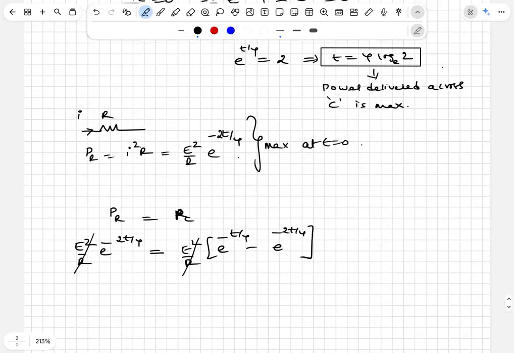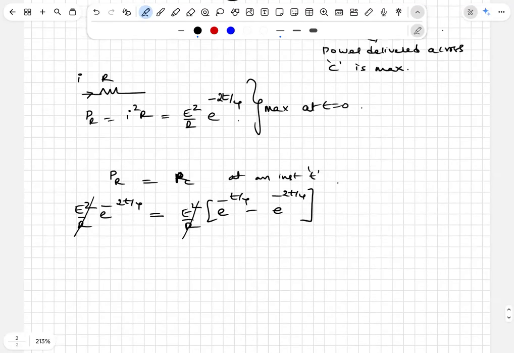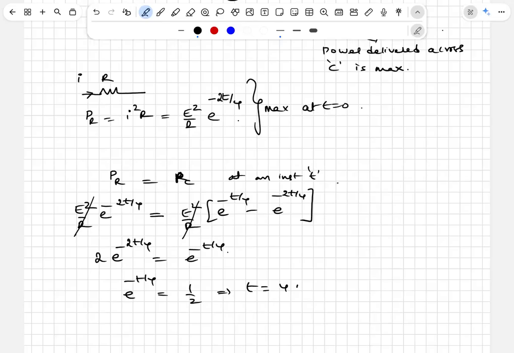It happens at an instant t. It won't happen all the time. At an instant t. So this means something interesting.